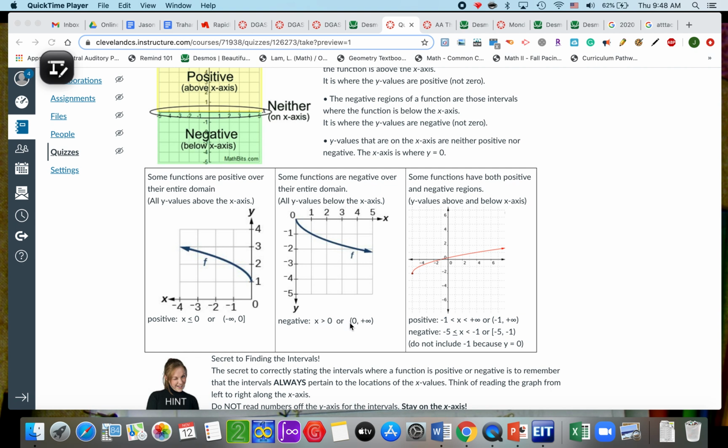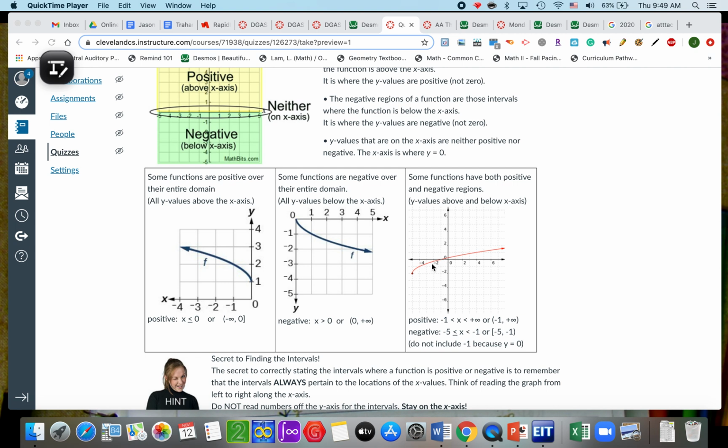We put a parenthesis because we're not going to actually include the value of 0, but every single number, including those little decimals and fractions after it, are a part of this domain that are going to give us these negative y values that match up. And we're going to keep on going until the end of time, till we have exhausted our energy to ask about x values here. That's what infinity implies.